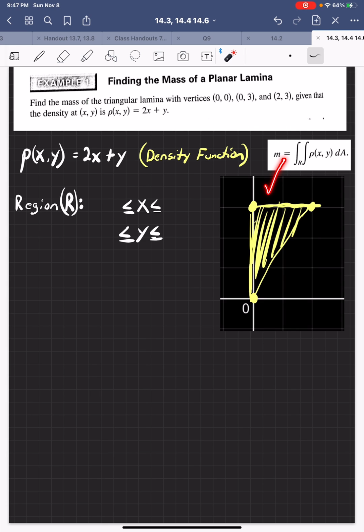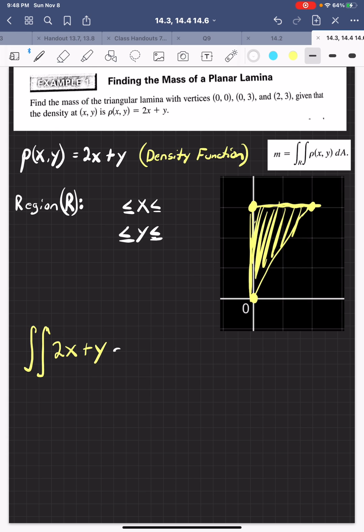So we know that we're going to be setting up a double integral. And we know that the density function is what we're going to be integrating. Now, what we don't have yet is the way that we're going to set up our upper and lower bounds, nor have we chosen the order of integration, dy dx or dx dy.